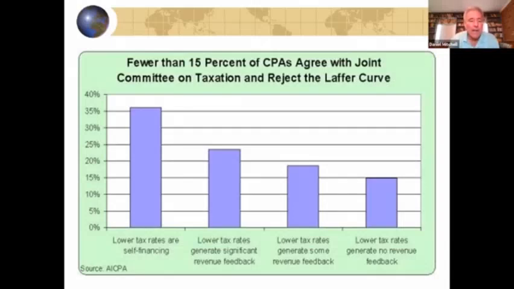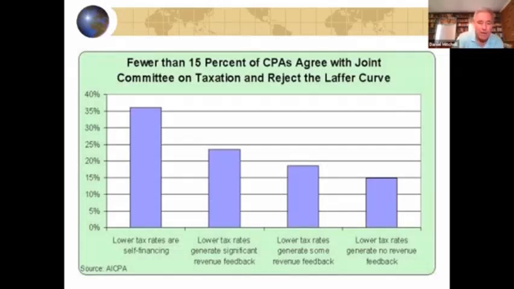And a plurality, more than 35% of these accountant experts said that lower tax rates would actually pay for themselves. In other words, they believed that we were on the wrong side of the Laffer curve, the right side where the curve slopes downward. So they believe that if you lower tax rates, the government actually loses no revenue.